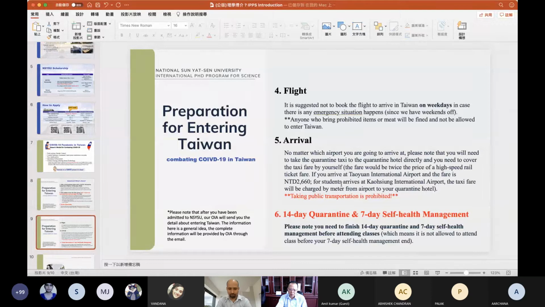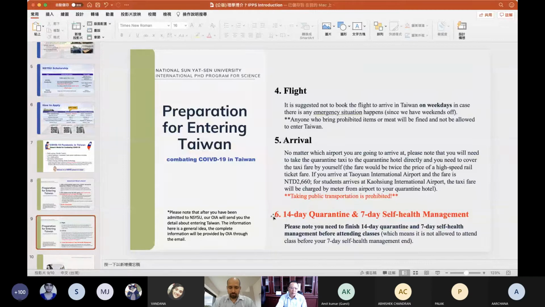The taxi from the international airport to Kaohsiung is about 2,600. Then you need to take 14 days of quarantine in a single room, and after you come out, then 7 days of self-health management by yourself. Okay, so then it's finished.